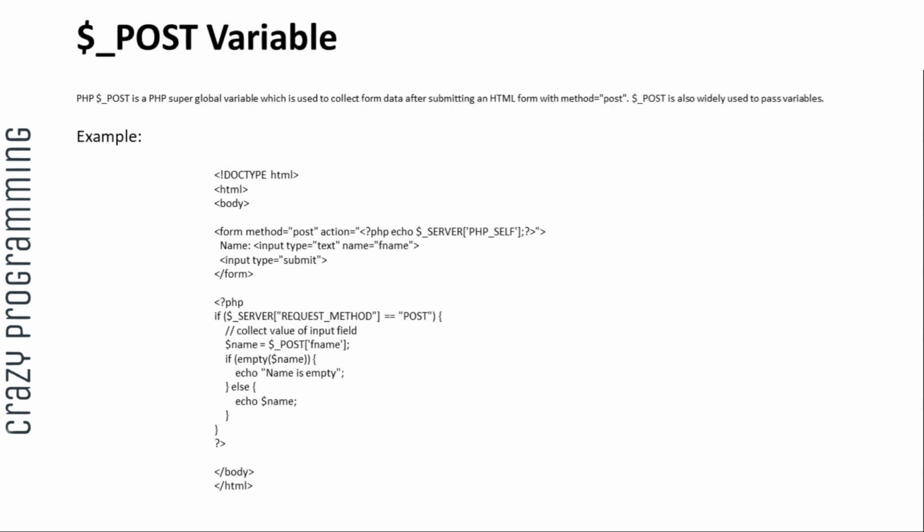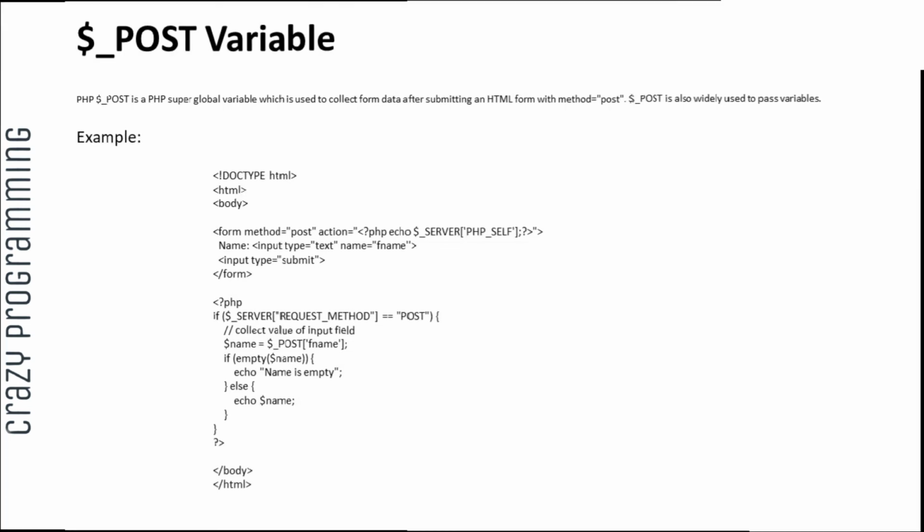Here you can see I created a form with a method post and an action PHP self. Then I created a name, just insert your name and click the submit button, then it will show your name like that.